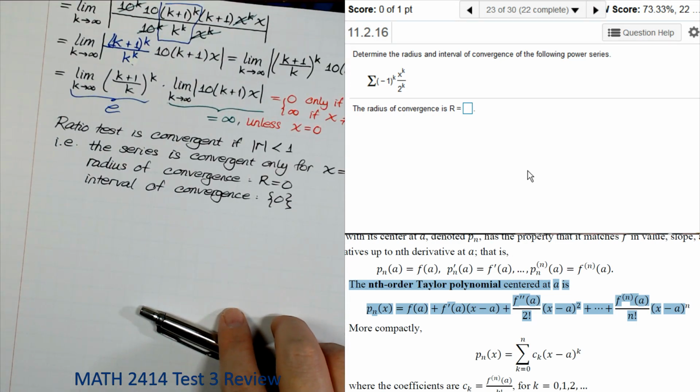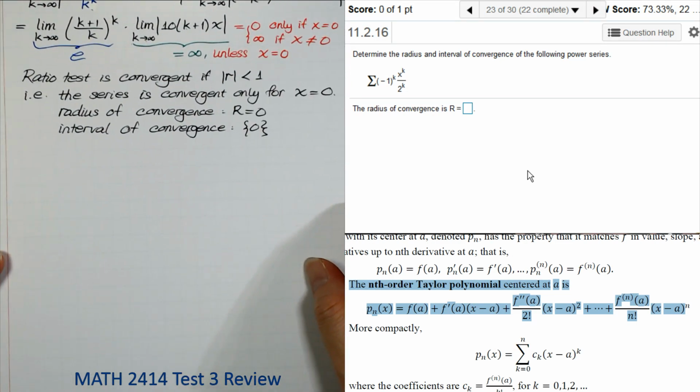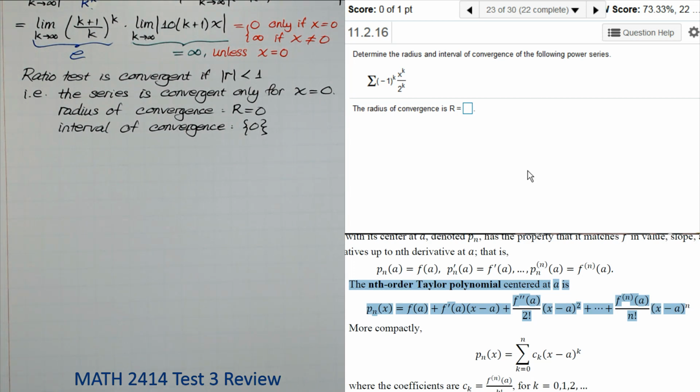Right. The next one is going to be the long one. Determine the radius of convergence and the interval of convergence for that series, and that is (-1) to the k, so an alternating series.